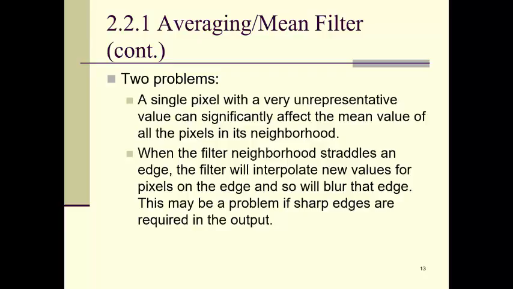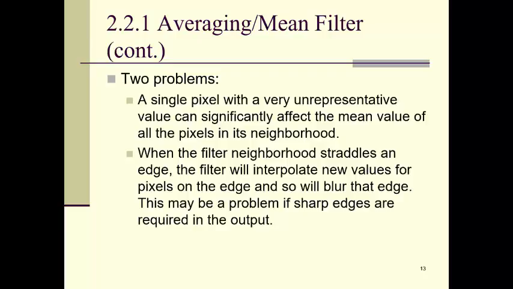Another thing here, we say that when the filter neighborhood straddles an edge, you know what's the meaning of straddling an edge? This means that in my normal image, I have an edge like this one. Let's say, here I have the values between 20 and 30, and now here I have the values of something like this. So here I have an edge, right? When I apply the averaging operation, what will happen is that this edge will start to disappear. Okay?